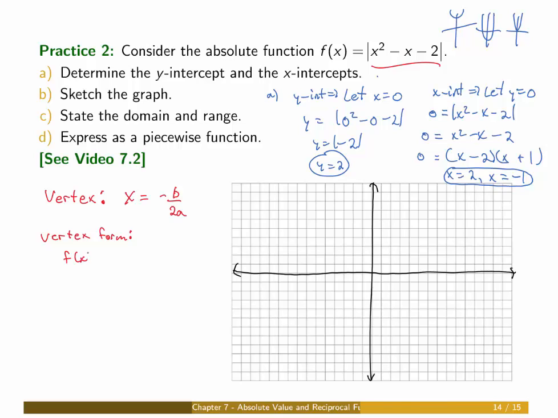So remember, to complete the square, first off, bracket those first two terms. Then you're going to take half of this term right here, the coefficient, and then you're going to square it.